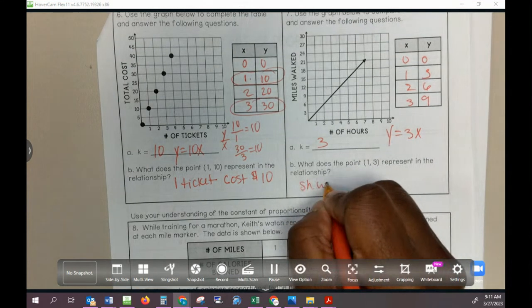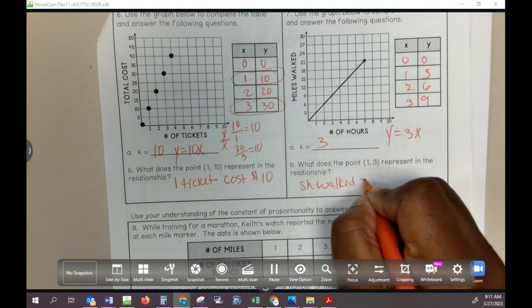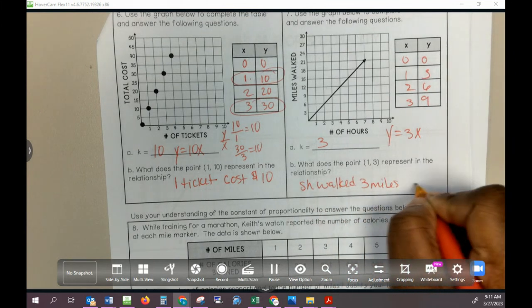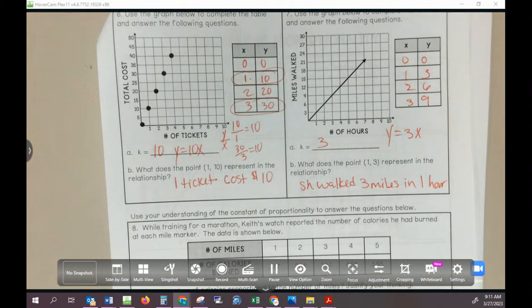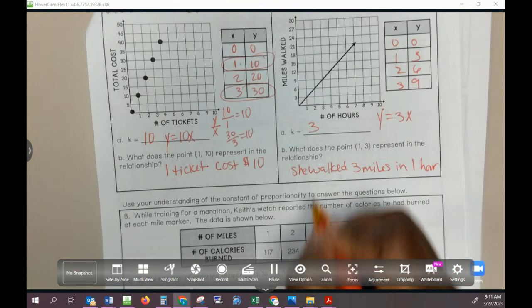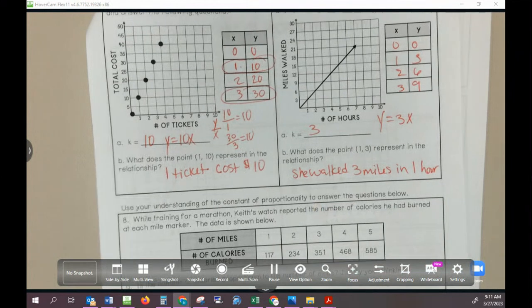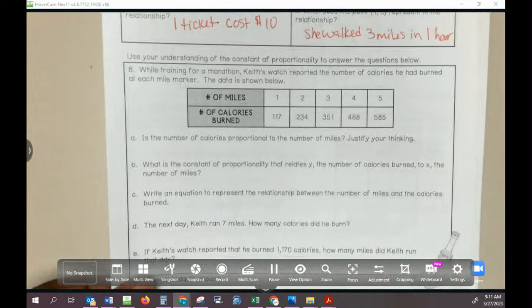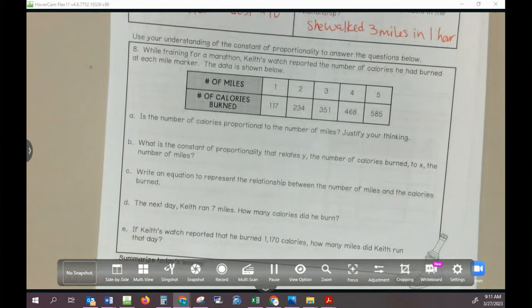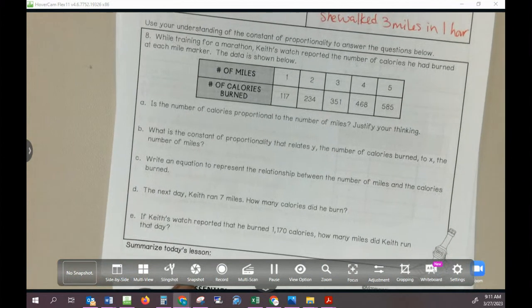Okay. Awesome. Great job. So we can see what the consensus is when we're dealing with constant of proportionality.